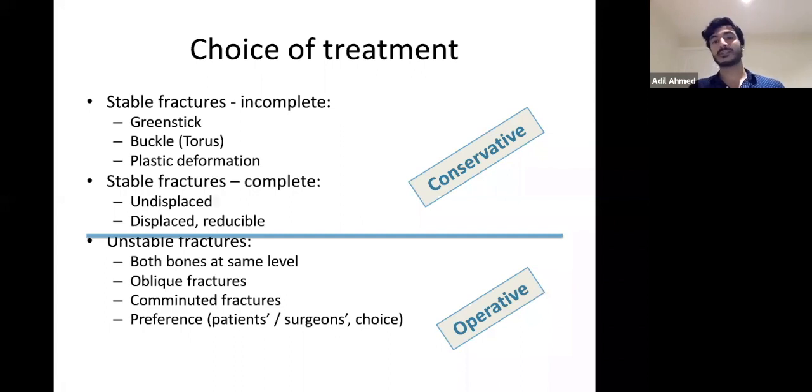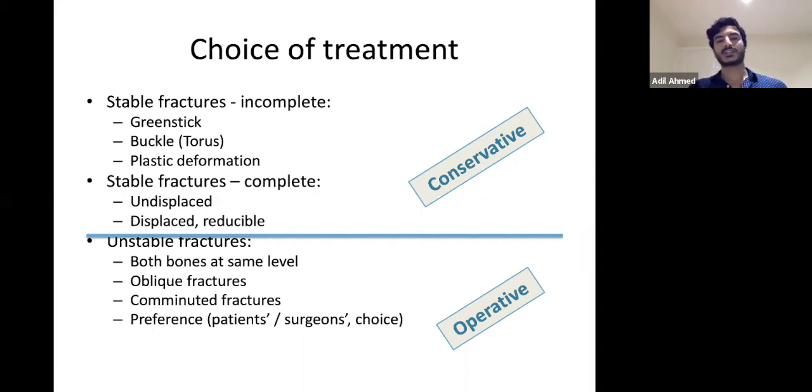Now, plaster of Paris may necessitate application in the operating theatre, and so that would be an operative intervention, not simply conservative. And the reasons are, operative interventions necessitate possible general anaesthetic, the risks associated with this, and the risks associated with any perioperative process.